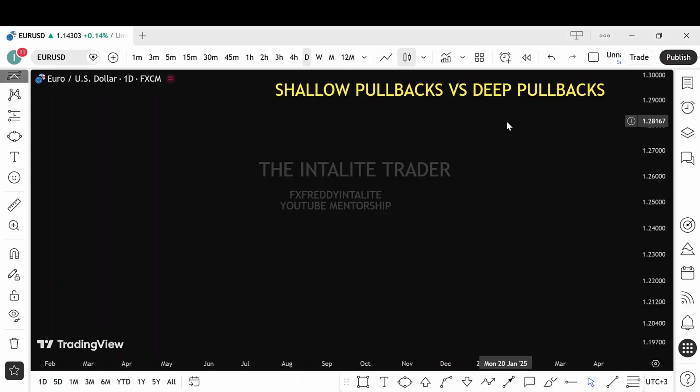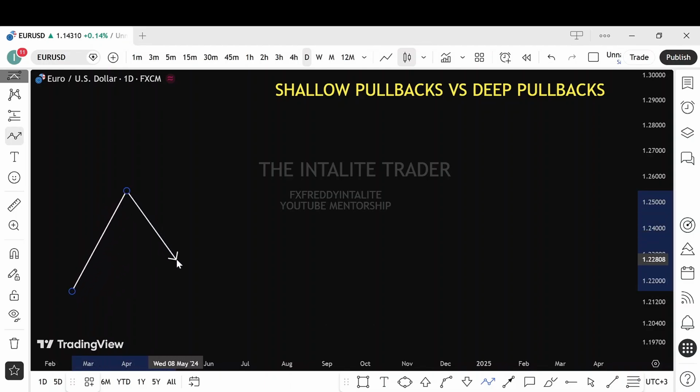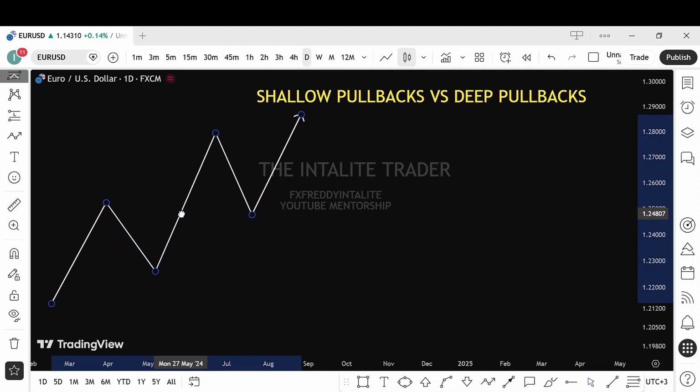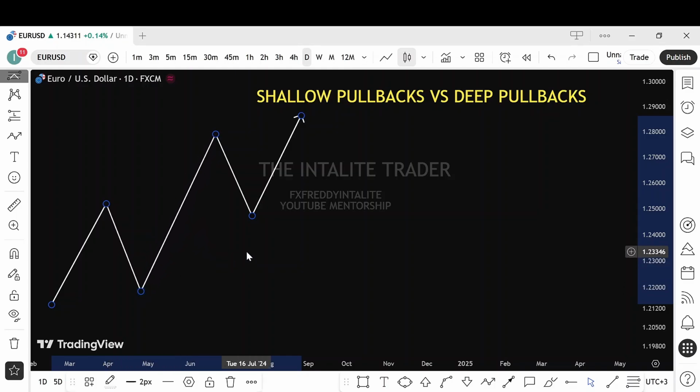So we are looking at shallow pullbacks versus deep. When the market is trending, we have price moves up, gives a pullback. It moves up, gives a pullback like this. Now, there are times when the market doesn't really pull back to give you these strong pullbacks, just the way we illustrate them.